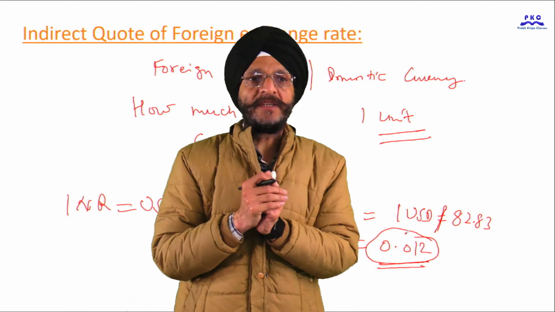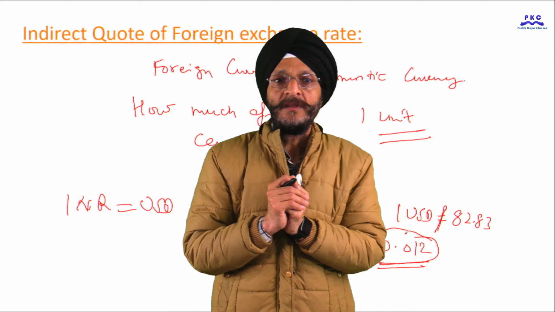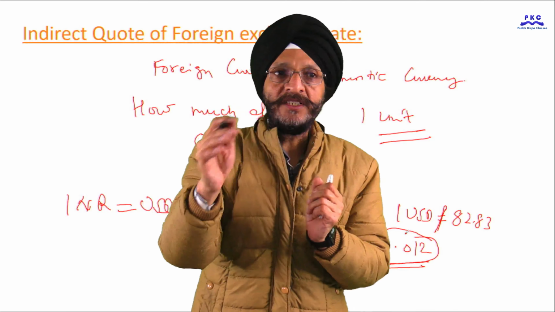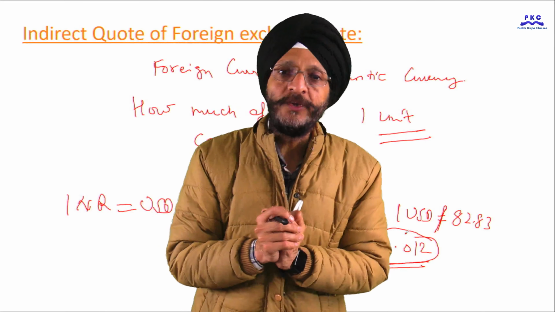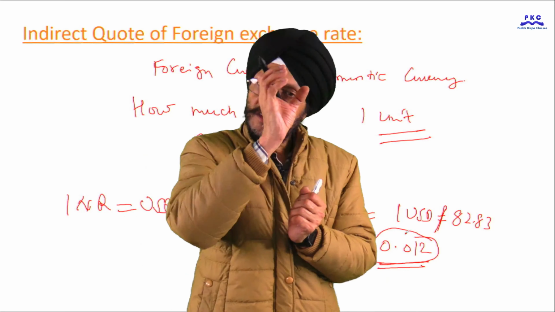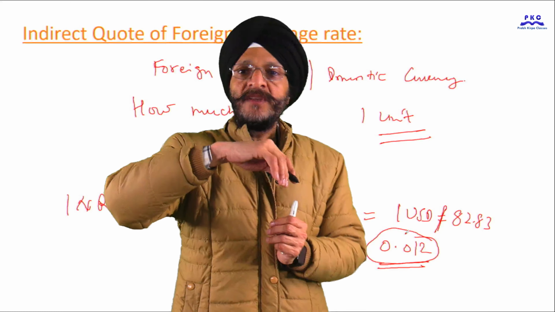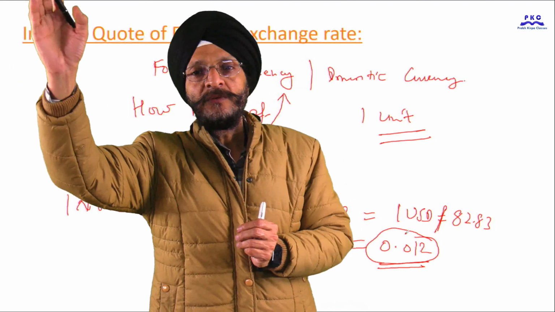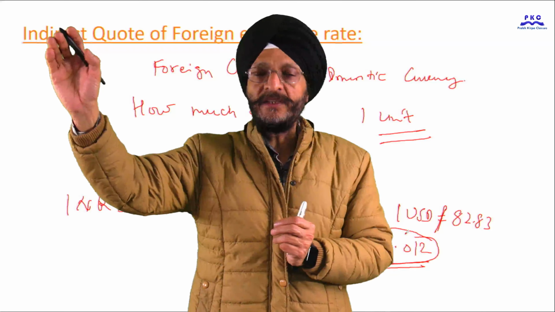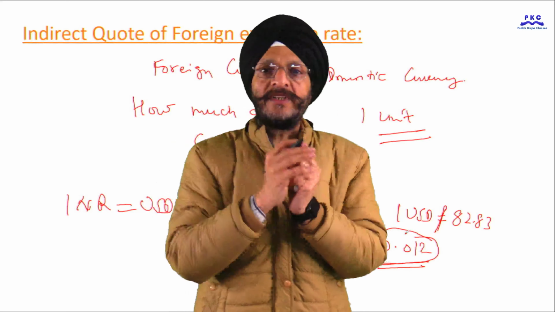In the forex market, when we are quoting exchange rates, we normally use direct quote. That is, we will have to pay this much of domestic currency to purchase 1 unit of foreign currency. Why do we use direct quote?